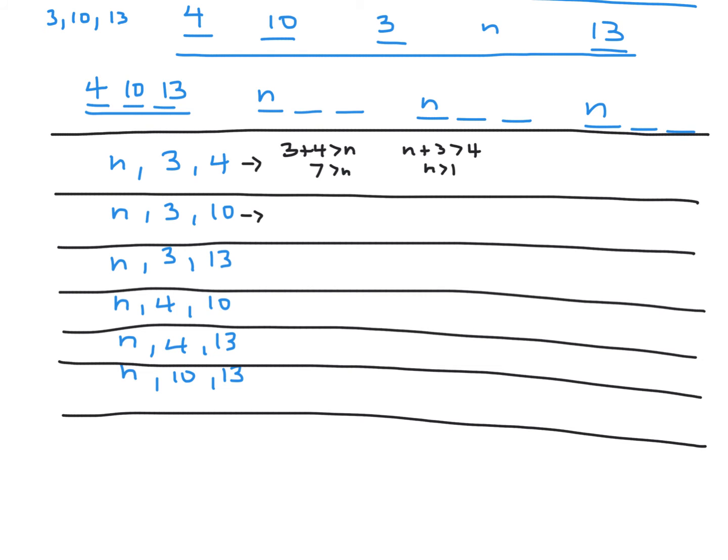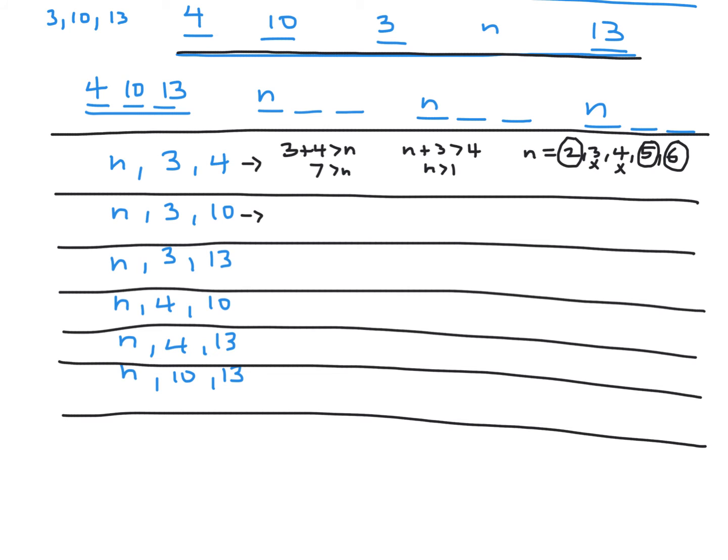Okay, so n has to be greater than 1 and less than 7. So that means n is going to be either 2, 3, 4, 5, or 6, right? But remember, n cannot be the same as any of these guys up here. So it can't be this 3. It can't be this 4. And therefore, the only ones it can be is 2, 5, and 6.